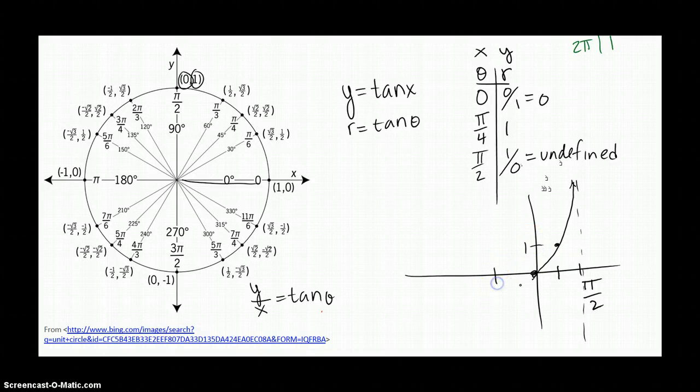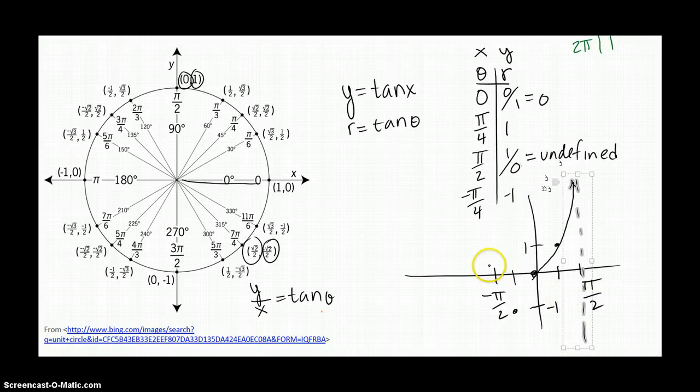Okay, what happens then, because that is undefined, I'm going to keep on going this way instead. So what happens at negative pi over 4? So that would actually go down this way. Negative pi over 4, that turns out to be the same value, but they're negative, so it's negative 1.